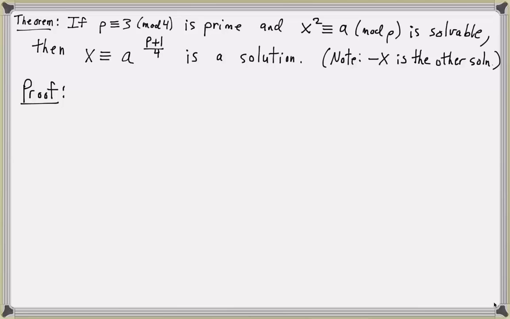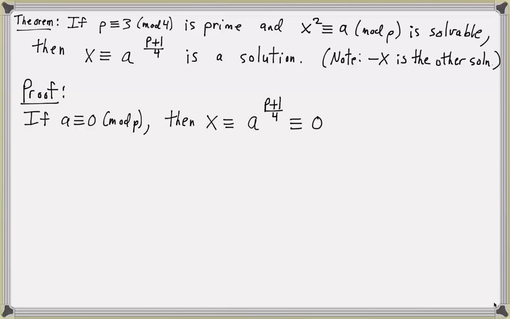So let's prove this. First, let's consider the case when a is congruent to 0 mod p. Then this expression x, which is congruent to a to the power p plus 1 over 4, will still just be congruent to 0, and 0 squared is congruent to 0, so this is still a solution.